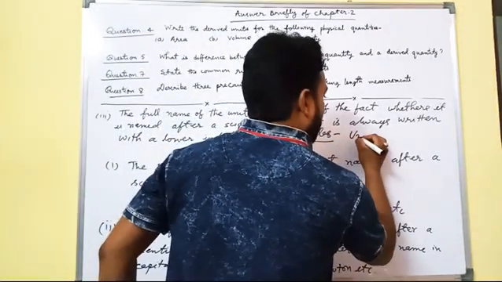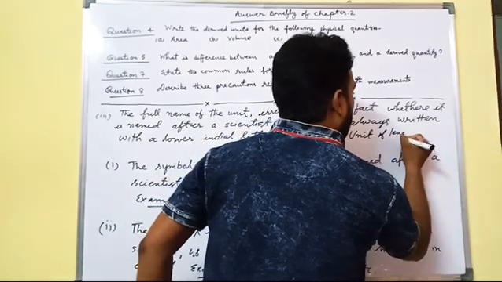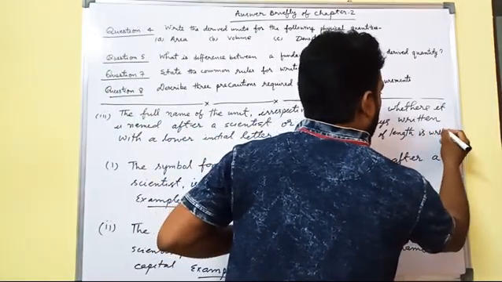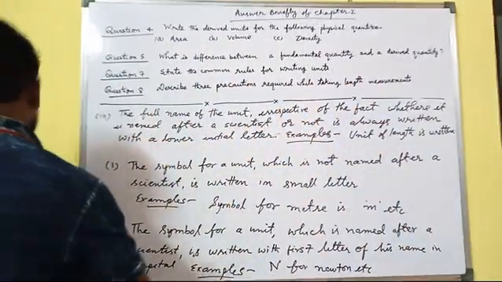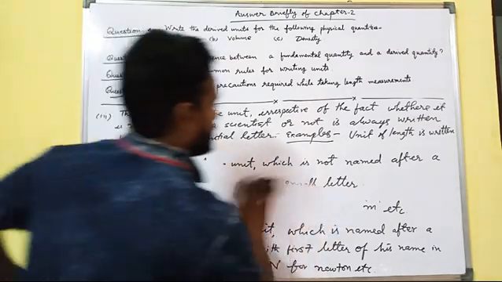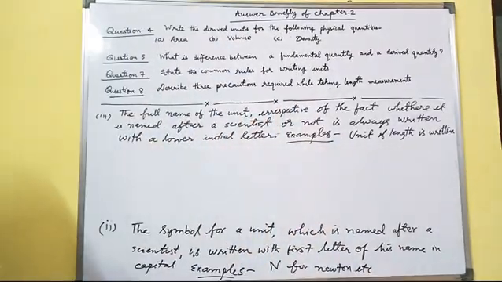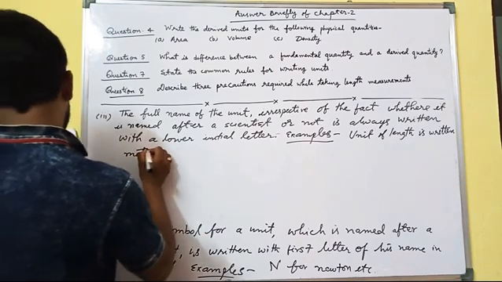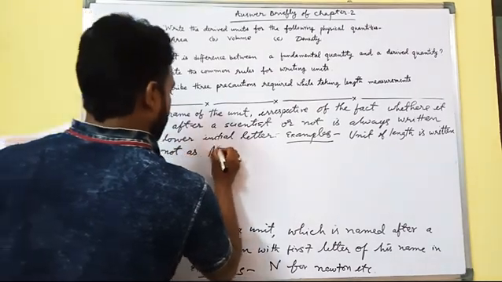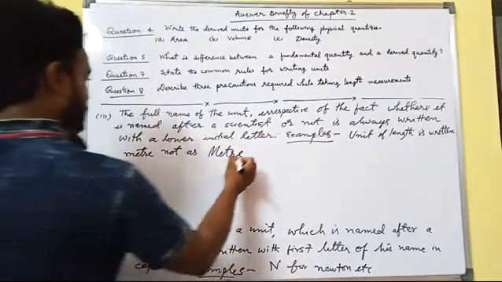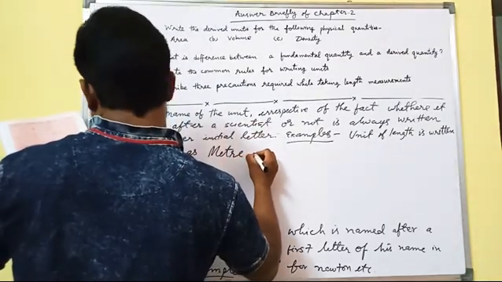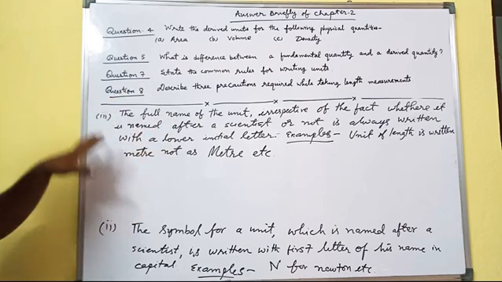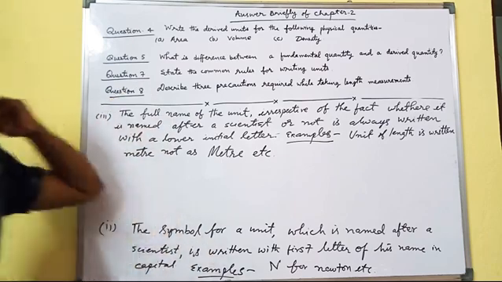The unit of length is written as meter, not as capital METRE, etc. So I think the first, second and third rules are sufficient for the answer of question number 7.